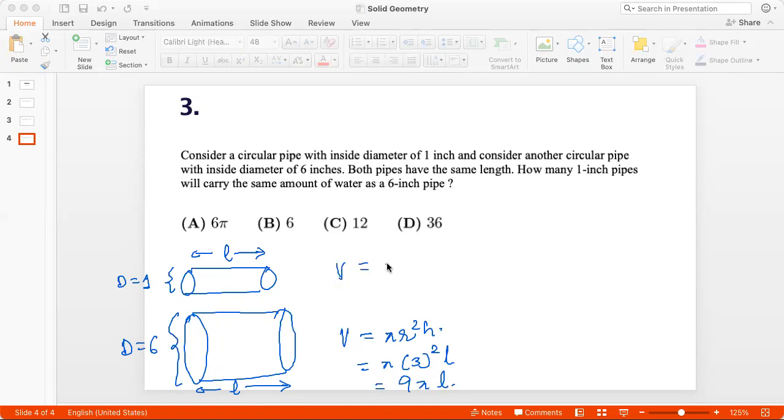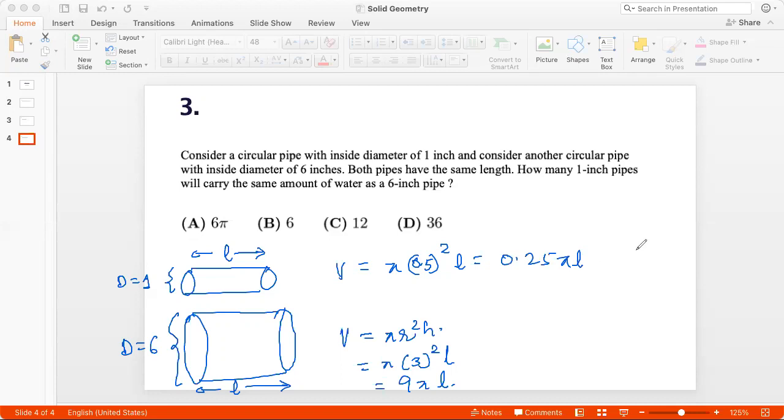It's going to be pi 1 squared. No, 1 is the diameter. So pi 0.5. So let's change that. So that's pi 0.5 squared into L, which is 0.25 pi L.